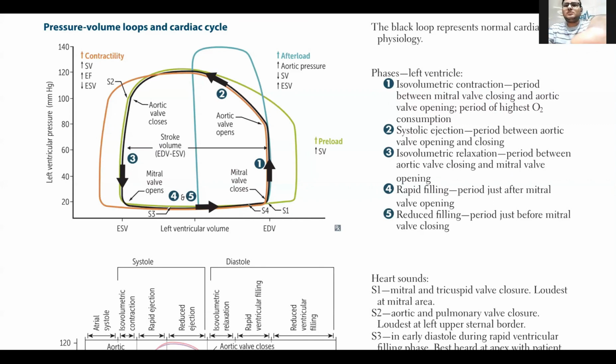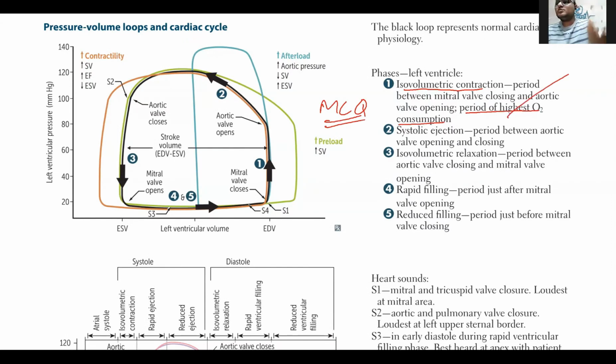You can see in this picture, this is number one, this is the same volume. There is no change in this diagram. This is the same volume in this phase. Now, isovolumetric contraction is a very important MCQ. A very important MCQ here is the period of highest oxygen consumption.